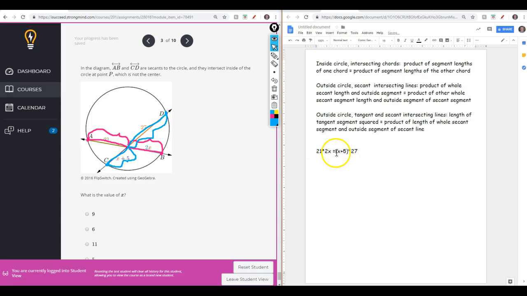The reason I include it in parentheses is because the x is being multiplied by 27 as well as that positive 5 being multiplied by 27. So that's why I include it in the parentheses.